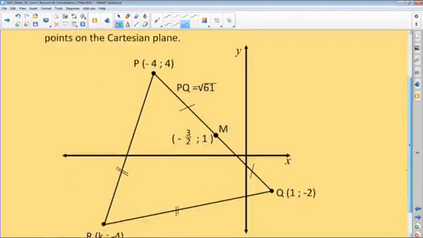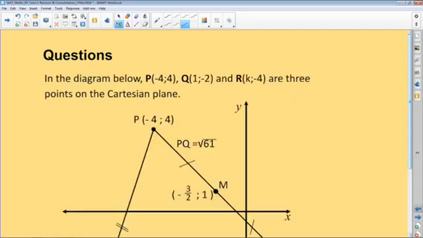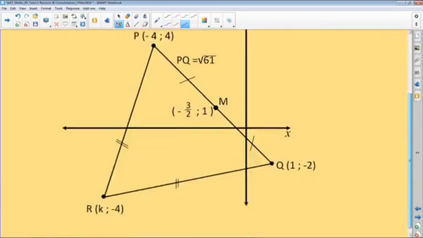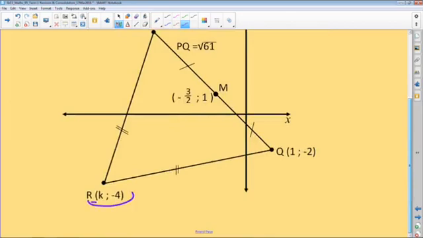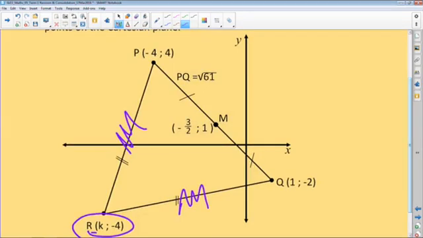So now we move on to the next problem. Calculate the value of k if PR equals QR, right? Now we need to work out what the value of k is if PR equals that.